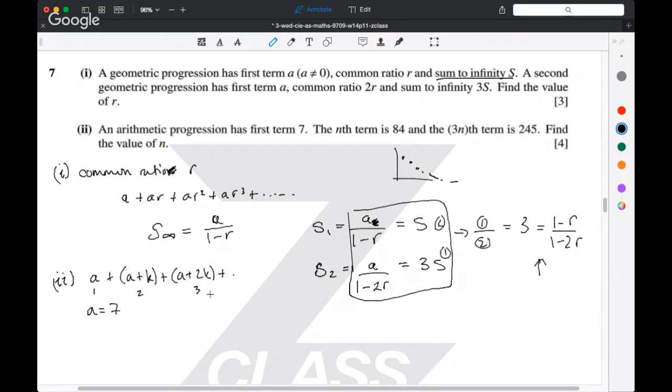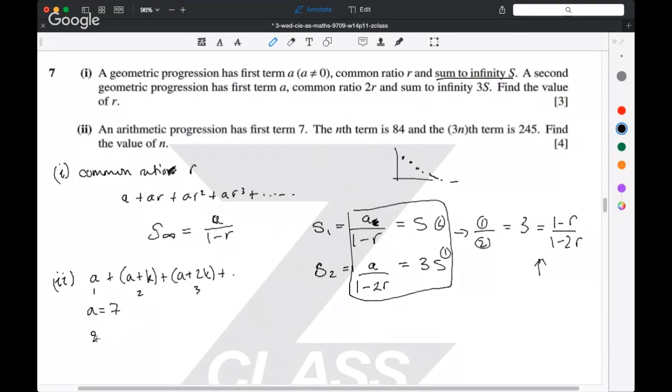You can see that the nth term will be A plus (n minus 1)k. The third term had 2 values of k in it. The second term had 1 value of k in it. The fourth term will have 3 values of k in it. So the nth term will have n minus 1 values of k in it.